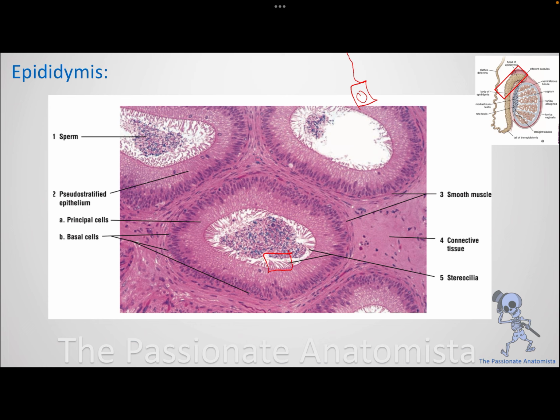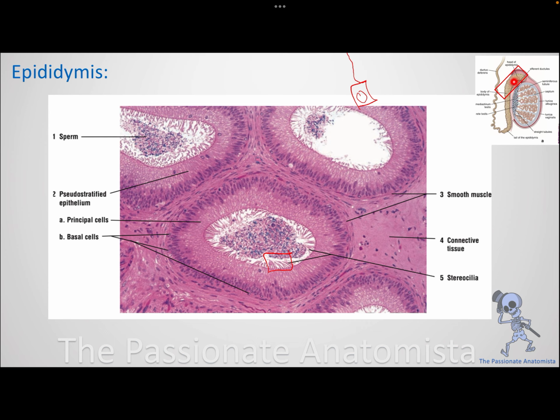Although they are called stereocilia, they don't act like cilia, they don't move. The function of this apical specialization is to absorb as much fluid as possible, because when we were in the testis, it was very important to have this fluid to help the sperms move all the way from the testis to the epididymis.